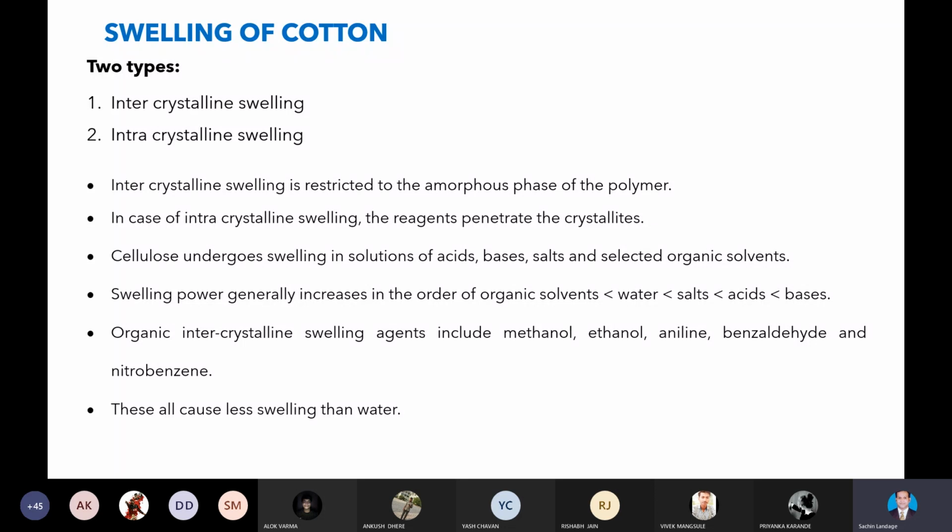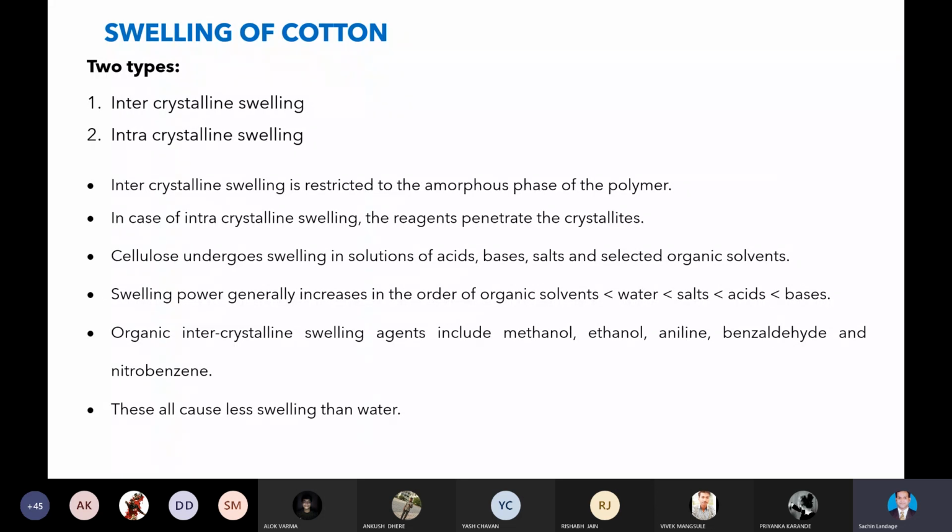Secondly, in acids. When you are carrying out the processing, there are a few stages where we use acid, like during acid desizing, very rarely, or during neutralization, after the mercerization is over.